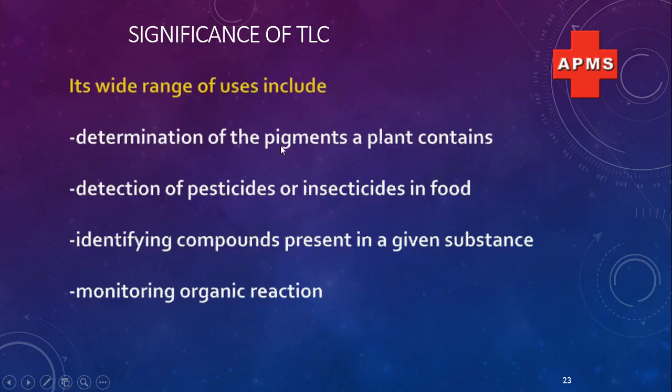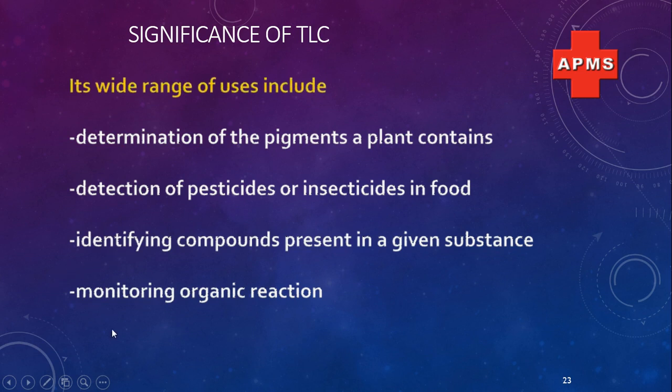phenomena of TLC. Now the significance of TLC: it is widely used, and includes determination of pigments a plant contains. Any plants which contain pigments can be separated using this technique. Detection of pesticides or insecticides in food, identifying compounds present in a given substance, monitoring organic reactions.